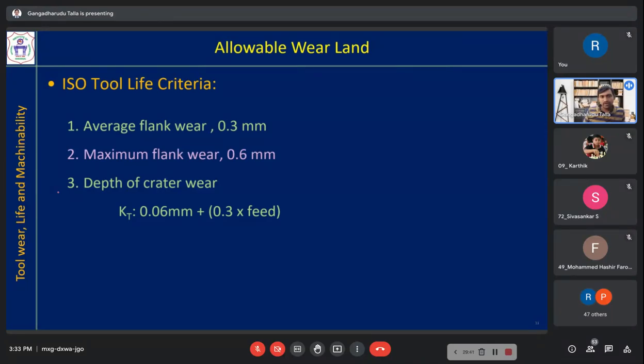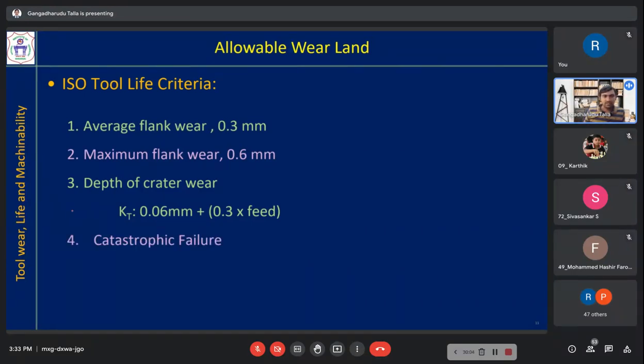If it is equal to 0.06 mm plus 0.3 times the feed, or exceeds this value, then you will say that the tool has failed.